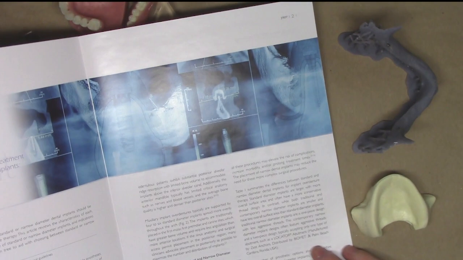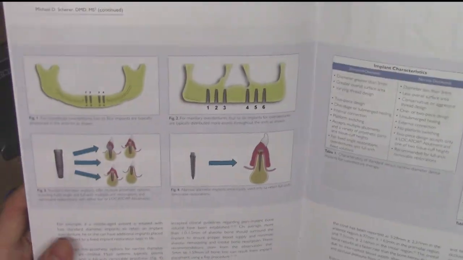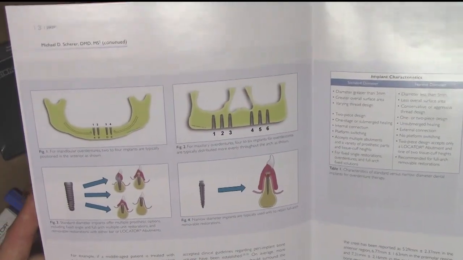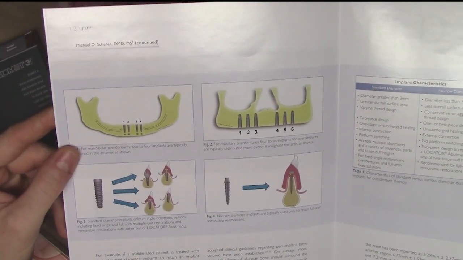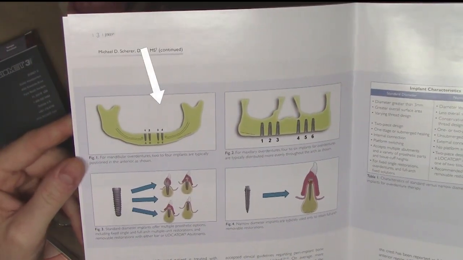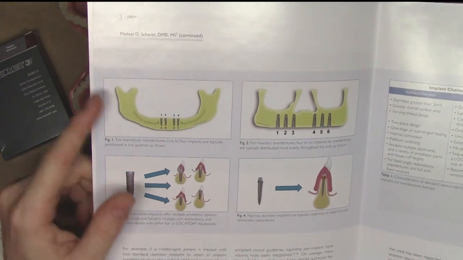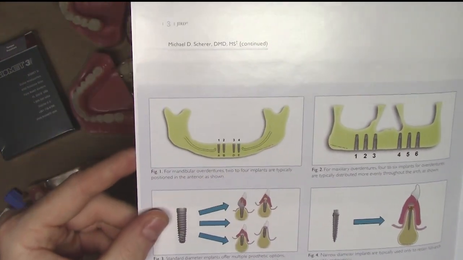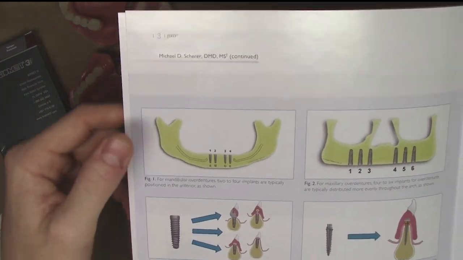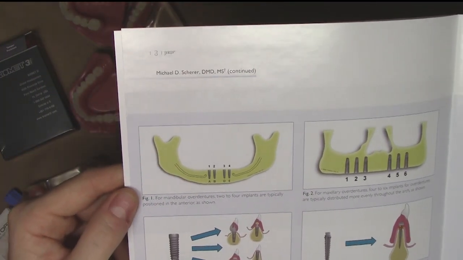First and foremost, what we're going to do is talk about the differences between what we do on the maxilla versus the mandible. Typically, in the mandible, we place somewhere between 2 and 4 implants, and it's usually localized somewhere in the anterior mandible. I gave this little pictorial demonstration of what a patient's mandibular arch would look like in a panoramic radiograph.